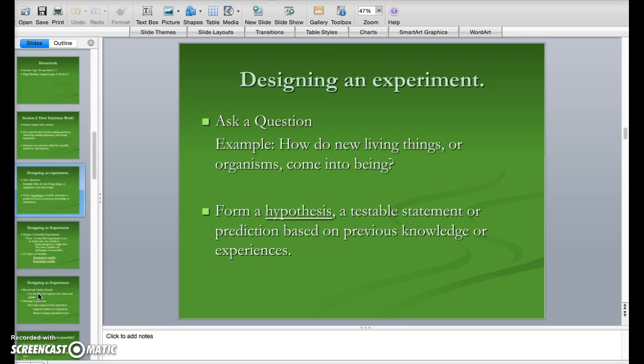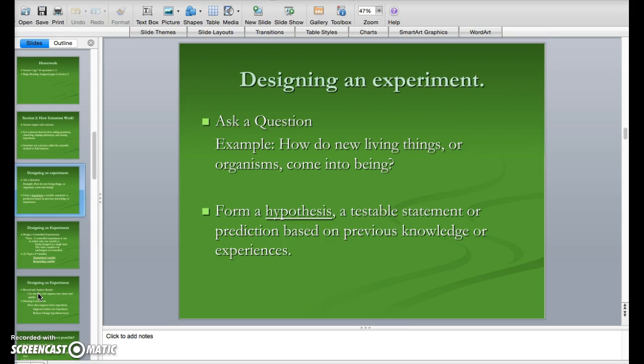And although it's introduced to you in this format, please understand that science as a process isn't always following that sequence of asking a question, forming a hypothesis, designing an experiment, collecting and analyzing data, and drawing conclusions. Scientists are kind of all over the place in that process when they're trying to find the answers about the natural world.